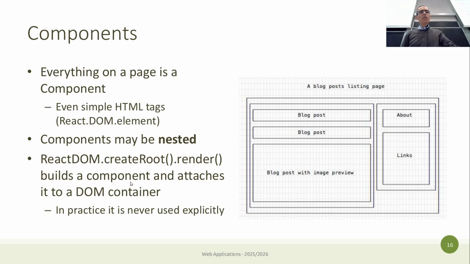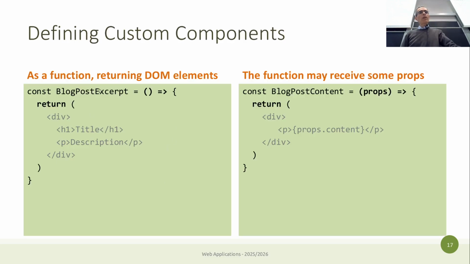Okay, the render call builds a component and attaches it to the container and so on, but we will never use it explicitly. So, how do we define custom components? So, in short, how can we put together some HTML tags and render them in React? Well, actually, it's very simple. We just define a function, okay?